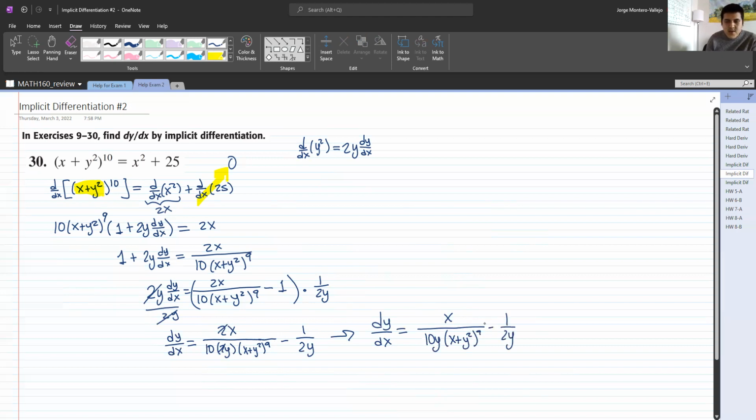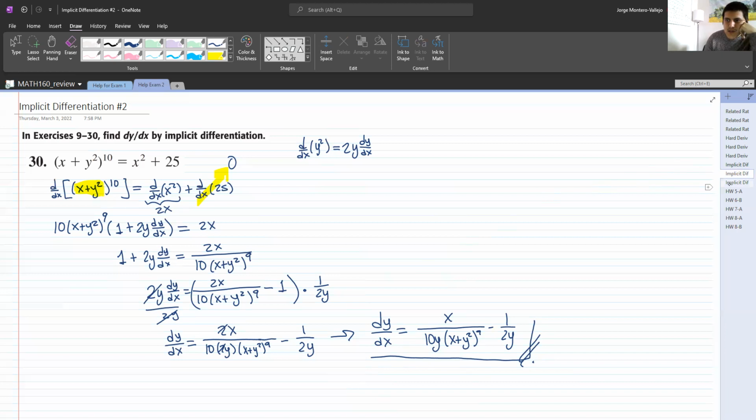You could now combine these two and so on, but it's not really necessary. Although let me know if you end up with a nicer expression after doing that combination. Okay, but this is what we should get. This is where I'm going to stop. I don't see the point in going any further.